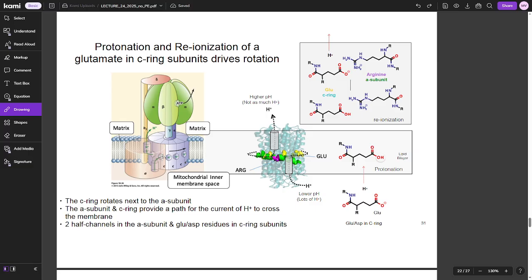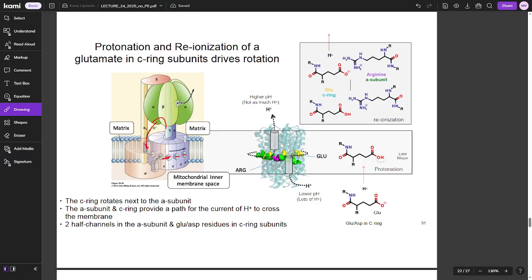Then that glutamate donates its H plus to this glutamate over here, and then this one, and it keeps going. Each time it transfers the proton, a little bit of energy is released to power the rotation of this C ring. Eventually it gets to this H plus position here, where there's a glutamate, and it gets released into the matrix.